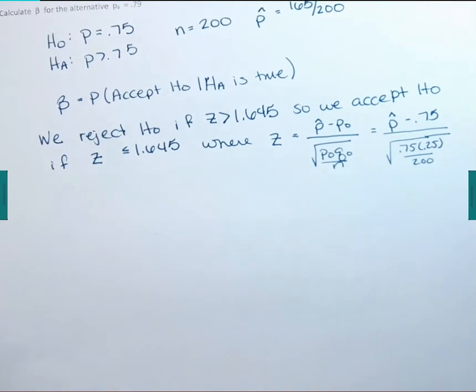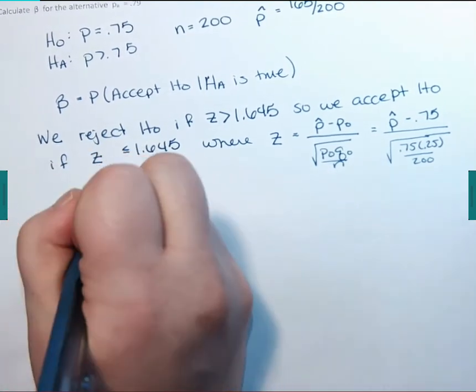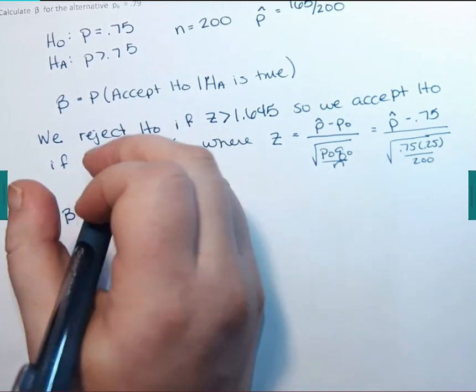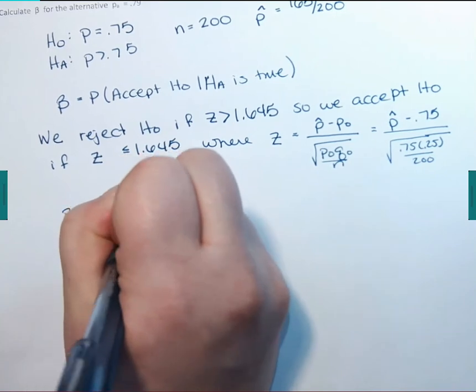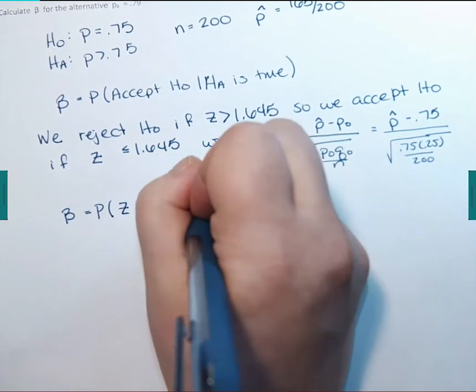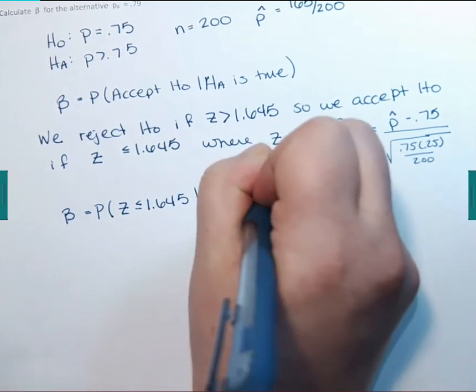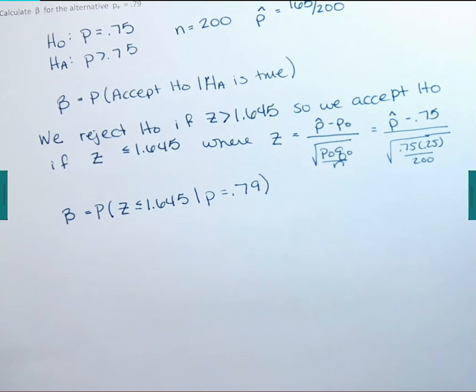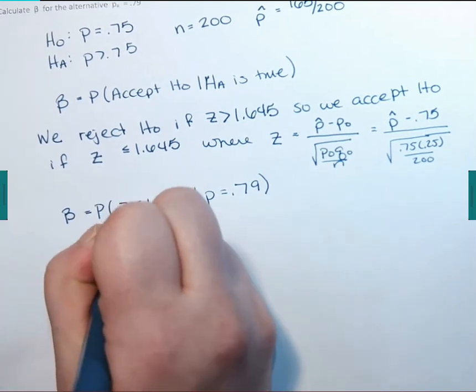All right, so let's look at calculating beta. Again, beta is going to be equal to the probability we accept the null, or in other words, this is the probability that Z is less than or equal to 1.645, given the particular place in the alternative, which in this case is p equal to 0.79. Now we're going to write down what Z is equal to.